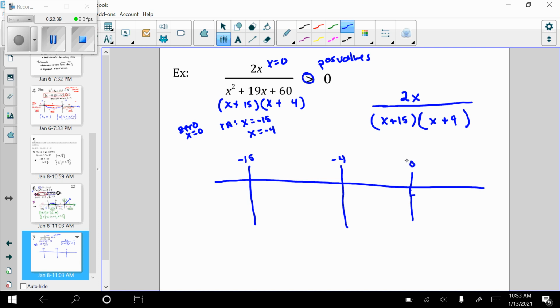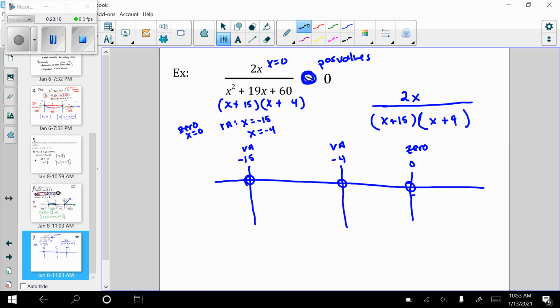When I'm doing rational, I go ahead and label this as a vertical asymptote, so that's never going to be included. This negative 4 is also a vertical asymptote, so that point will never be included. The 0 is a zero of the function, but since my inequality is just greater than and not greater than or equal to, that value is never going to be included either.